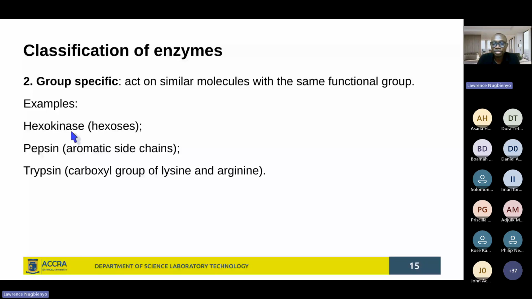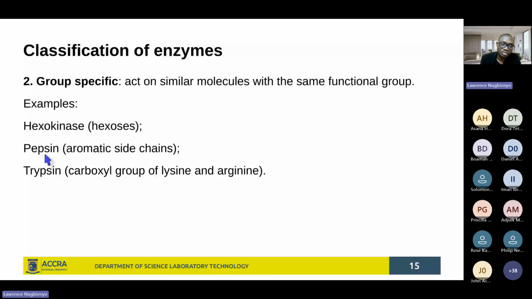So not only glucose, it can act on fructose as well, allose, maltose, all the 6 carbon sugars. Hexokinase can act.